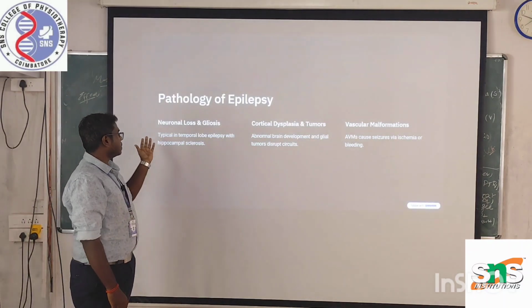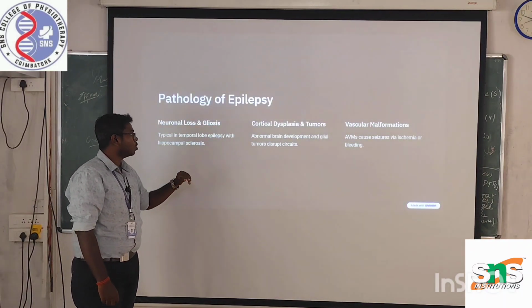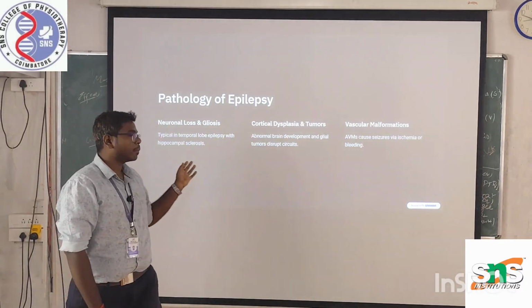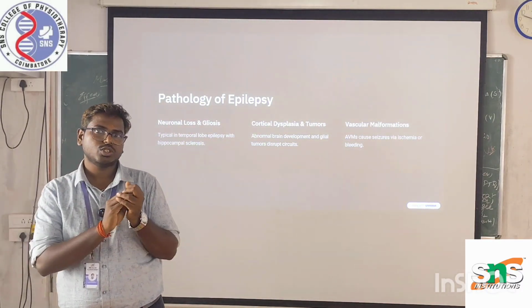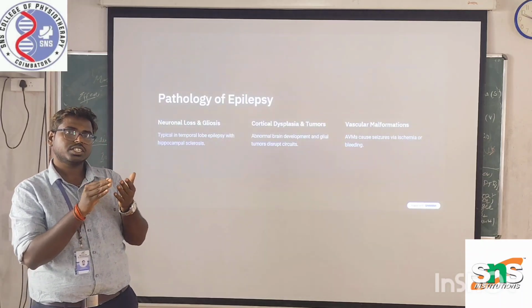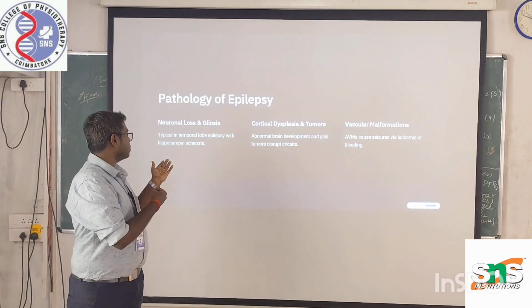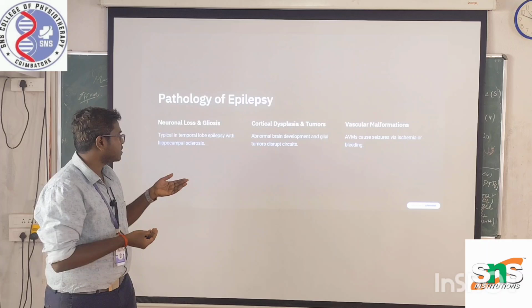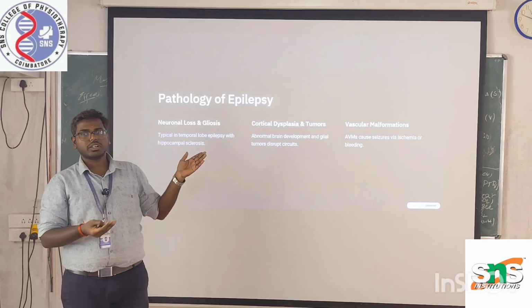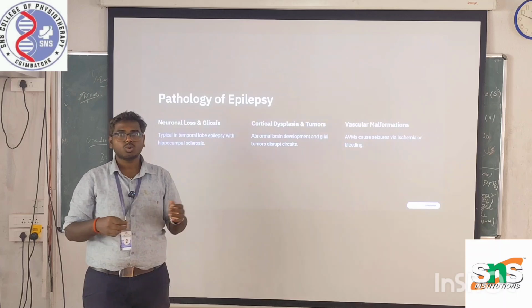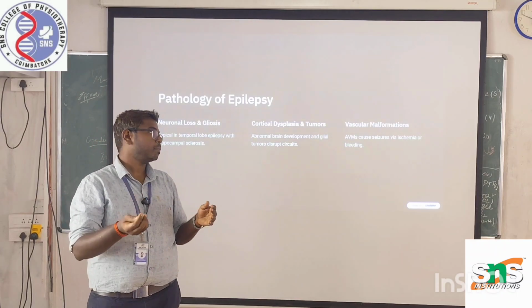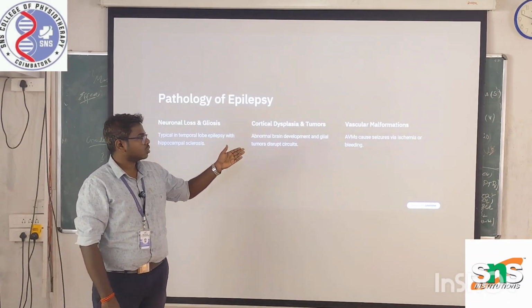So the pathology of epilepsy: how does epilepsy arise and finally reach a causative state? First, typically there is temporal lobe epilepsy with hippocampal sclerosis. The hippocampus is an area in the brain, and if sclerosis forms in that region, it may cause temporal lobe epilepsy. Abnormal brain development and glial tumors can also cause epilepsy in patients.